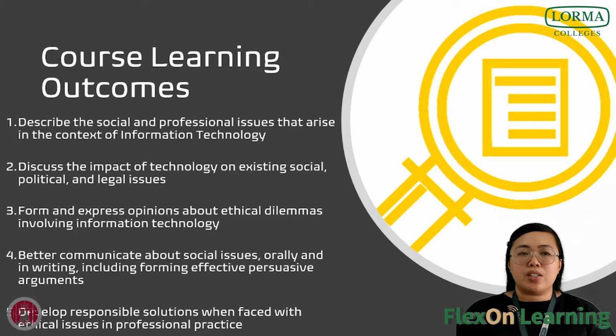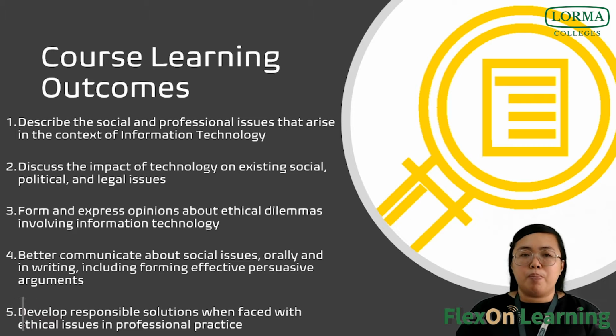For the course learning outcomes, number one, you will be able to describe the social and professional issues that arise in the context of information technology. Second, you will be able to discuss the impact of technology on existing social, political, and legal issues. Number three, form and express opinions about ethical dilemmas involving information technology.